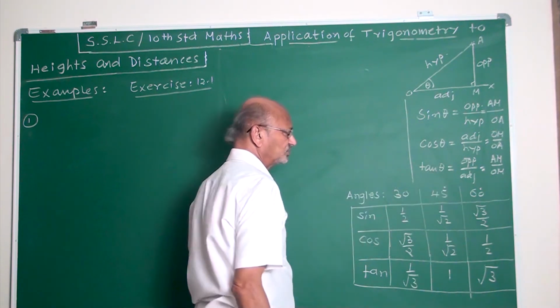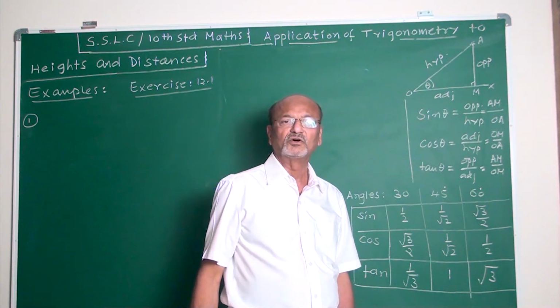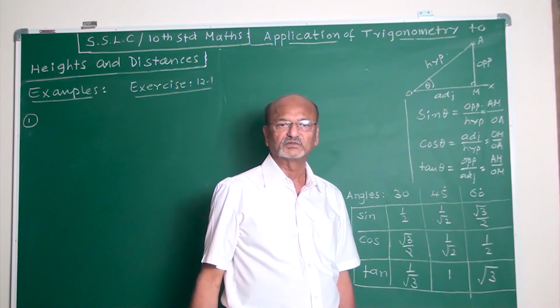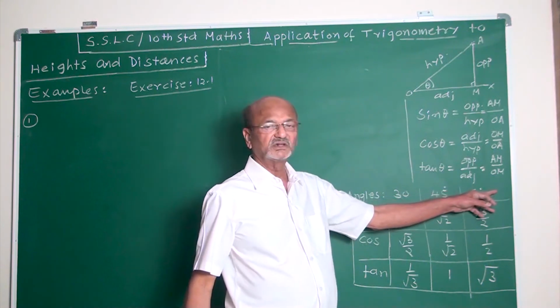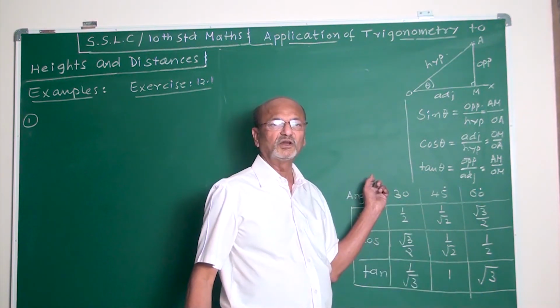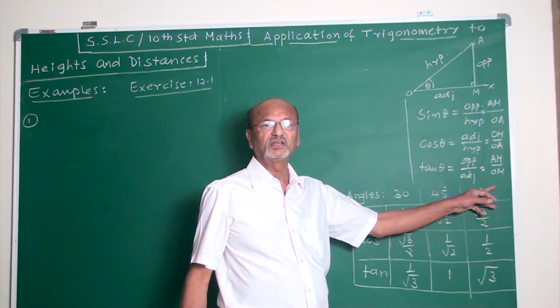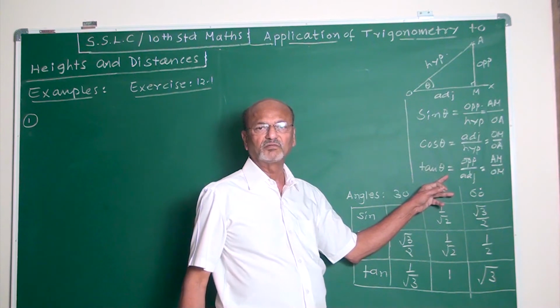Angle of elevation they may give in terms of 30, 45, 60. If they give angle of elevation or depression as 0, sine 0 is 0, cos 0 is undefined, like that it comes. So 0 we do not consider. If it is 90, tan 90 is infinity. Therefore, normally 0 and 90 they never give. In between you have three angles: 30, 45, 60.